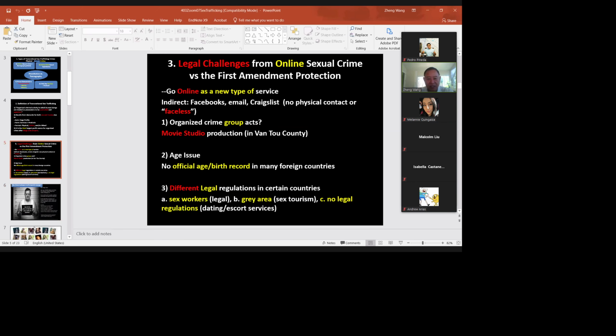Then this is something that is a challenge: the legal side. Compared with the physical format, online sex crime is more challenging. Number one, is it protected by the First Amendment?